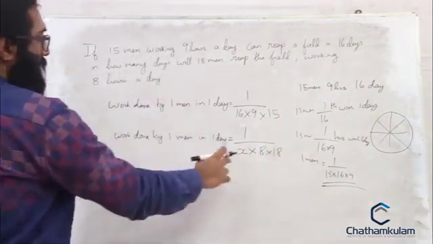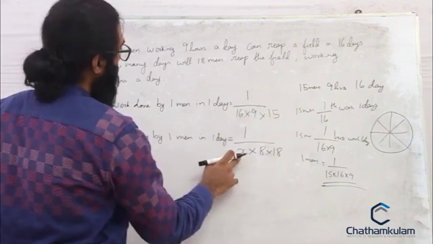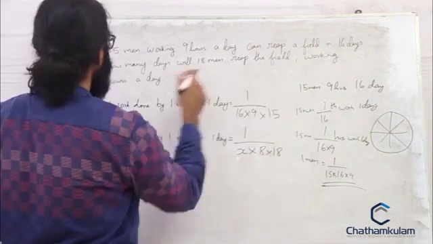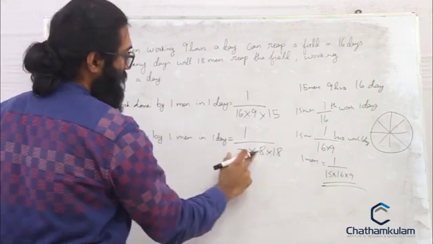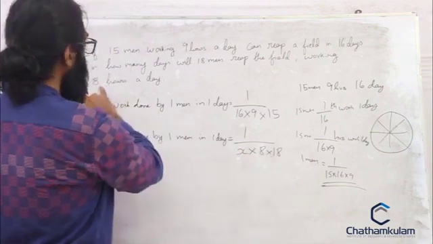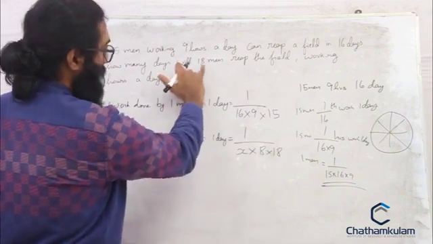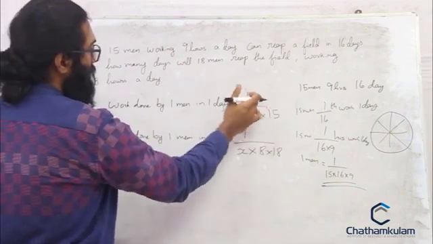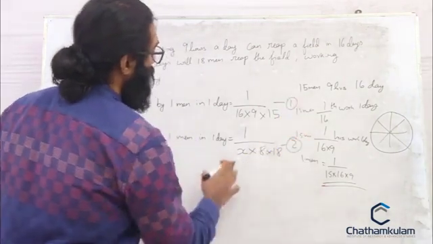Okay, I'll tell you this also, this is the same as this only. x is the number of days, that is, we have to find the number of days in the answer, so we put it as x, and 8 is the working hours in one day, and 18 is the number of men. So we equate equation number 1 and equation number 2 and solve for x.